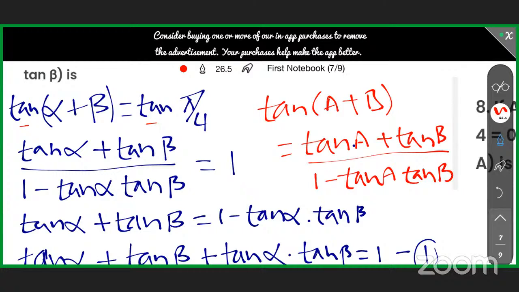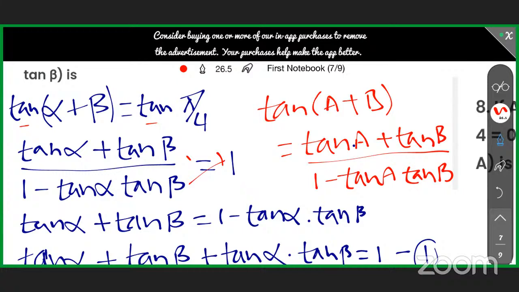Whereas tan pi by 4 is equal to 1. So I'll do cross multiplication. So tan alpha plus tan beta is equal to 1 minus tan alpha into tan beta.